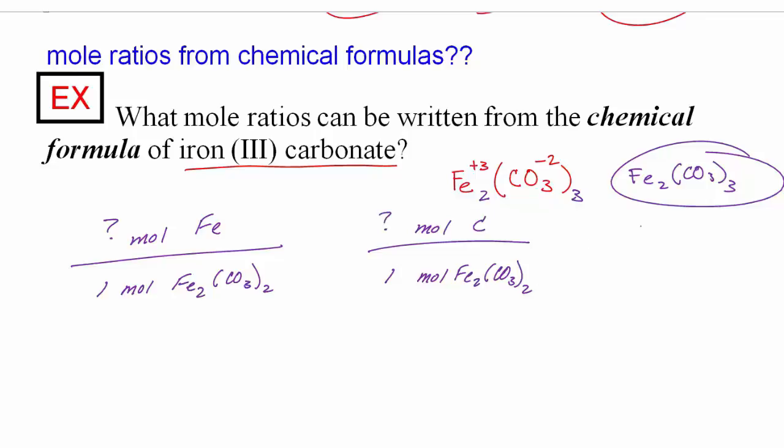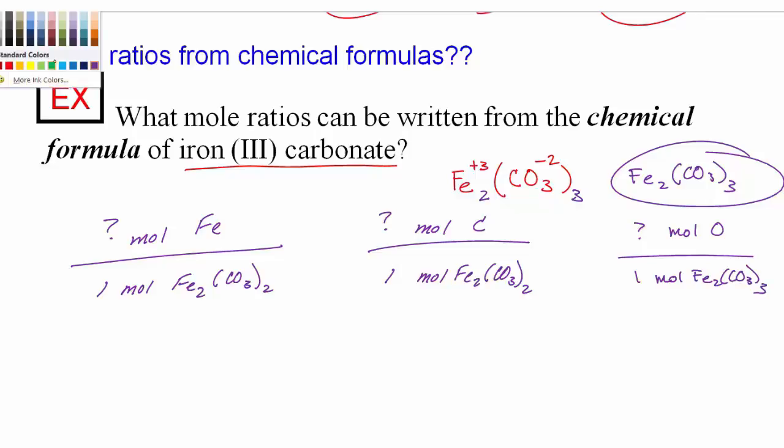And how many moles of oxygen do I have for every 1 mole of iron 3 carbonate? These are the mole ratios from chemical formulas. So see if we can figure these out.